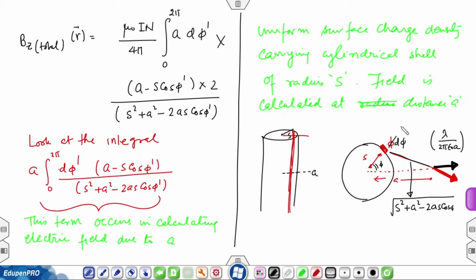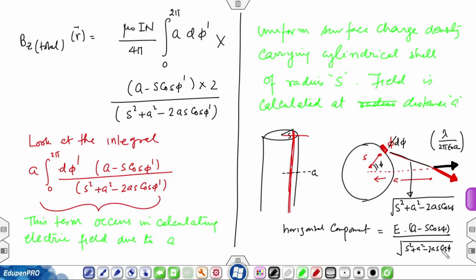And the horizontal component therefore is going to be E due to that line times cosine of theta, which is (A minus S cosine of phi) divided by square root of S square plus A square minus 2 A S cosine of phi.